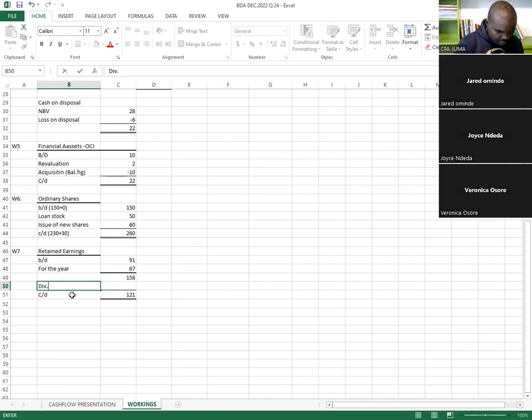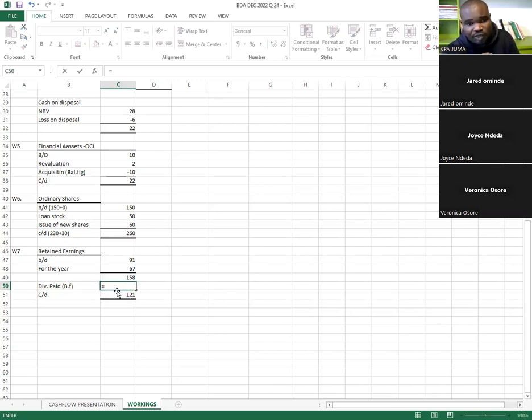When you have to do dividends paid, that is the balancing figure. It should be negative. So 158 minus 121, no, it should be negative, so it should be the other way around.